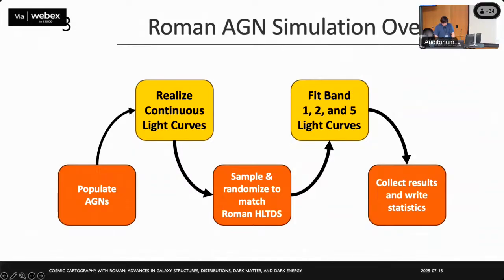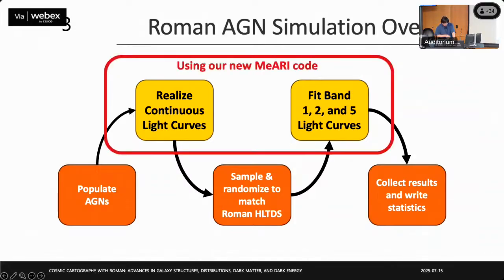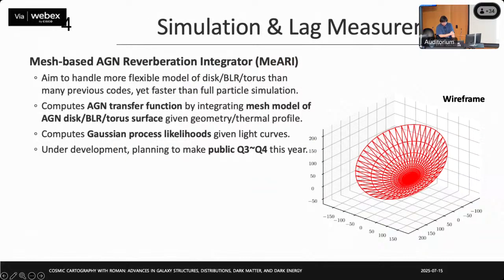We developed a new code for carrying out these two steps, which we decided to call MARY. This code computes the AGN transfer function by integrating a mesh model of the AGN torus or disk surface, given a geometry and thermal profile.